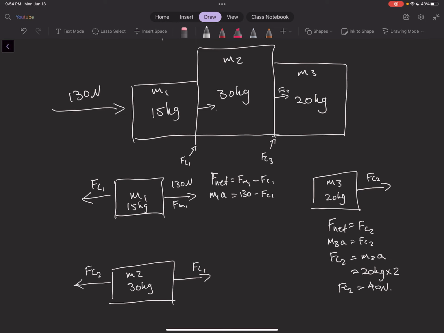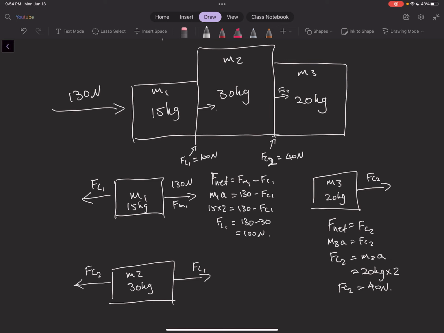So it's M1a. And we can substitute in all the values that we know. So we get 15 times 2 equals 130 minus Fc1. Rearrange everything. We get 130 minus 30 equals 100 newtons. Excellent. We have 100 newtons there and 40 newtons in Fc2. My bad, this should be Fc2. So this equals 100 and this equals 40 newtons.